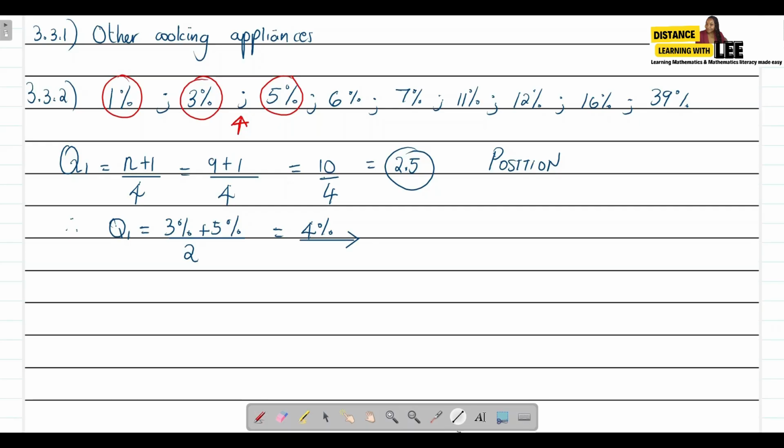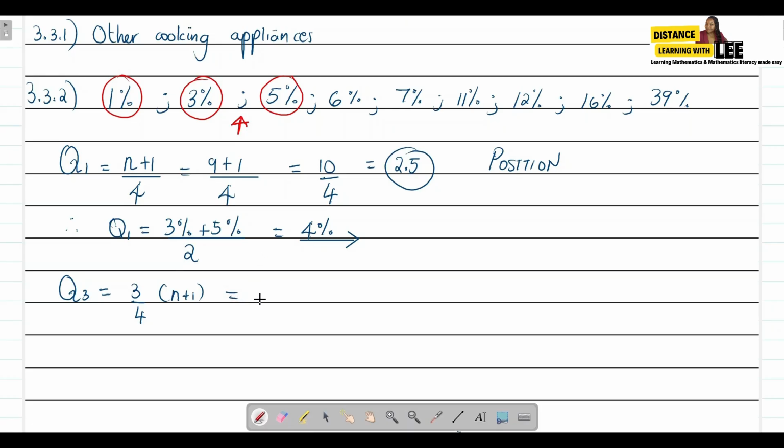What is our Q3? To obtain our Q3, we use the formula 3 over 4 times (n plus 1), because we already know that Q3 represents 75% of our data, and 75% is 3/4 of our data.